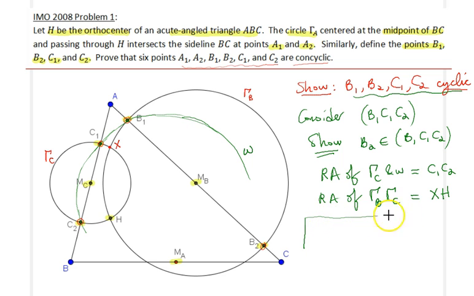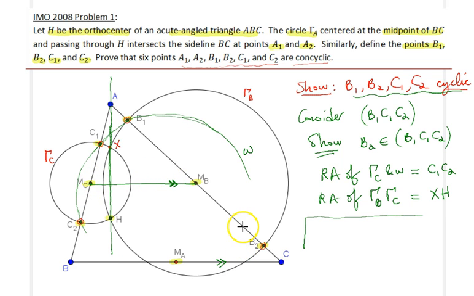So let me make a side note. I claim that this radical axis between gamma B and gamma C goes through point A. Why would that be? Because the line segment joining the centers of these two circles, namely the midpoints MB and MC of their respective sides, is parallel to BC. MBMC is simply the midline of triangle ABC.